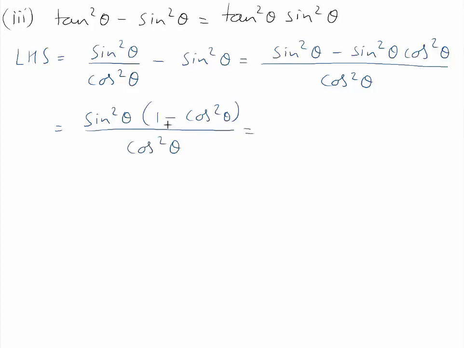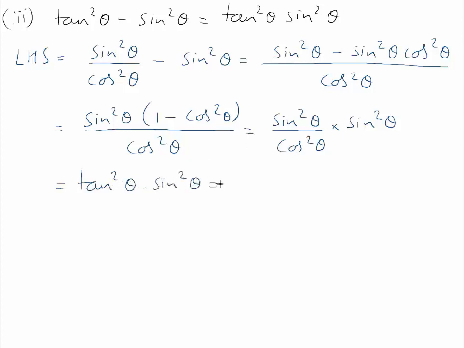Now if you recall, 1 minus cos square theta is sin square theta. So this will be sin square theta divided by cos square theta multiplied by sin square theta. Now this will become tan square theta multiplied by sin square theta equals RHS, and hence proved.